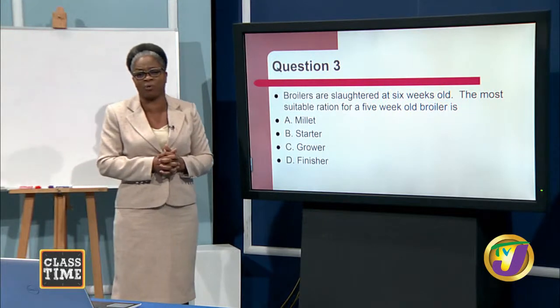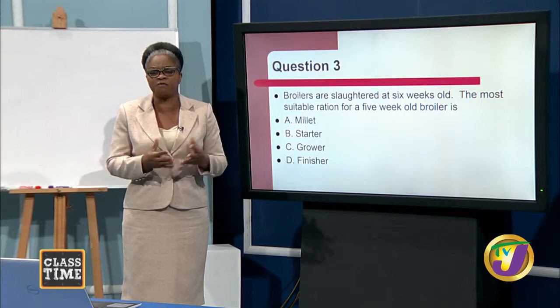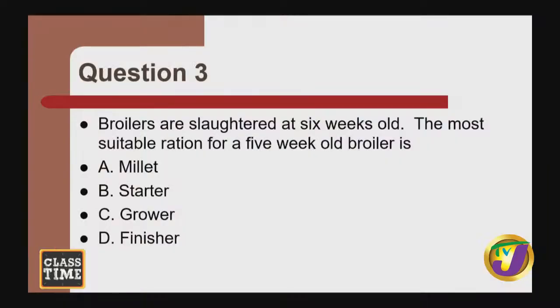Let us recap and look at this question, because so far, we have looked at the different nutrients that the animals are going to need. We are now looking at the ration for broilers and layers. Question. Broilers are slaughtered at 6 weeks old.